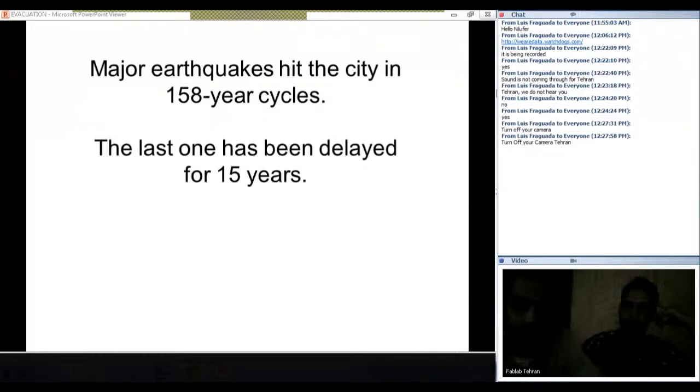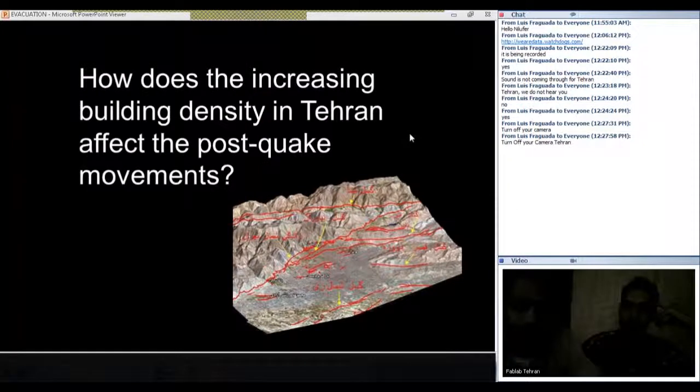So continue with the project. In the next slide, we see a map of major faults in the location of Tehran.